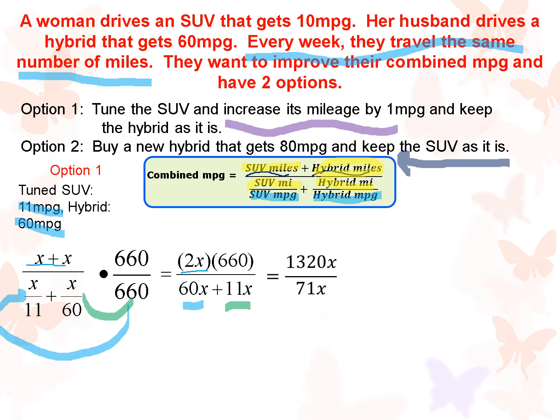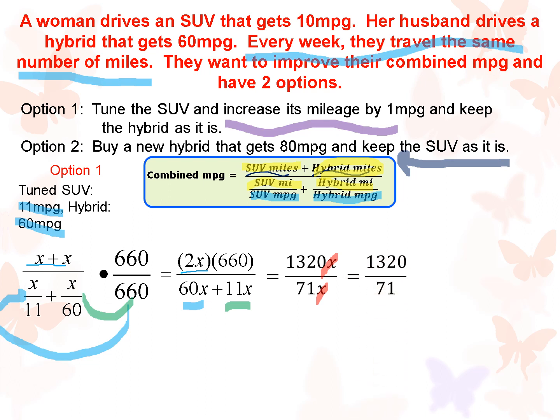And that gets me 1,320x over 71x. Now, what do you notice is going to happen? That's right. These two x's are out of here.